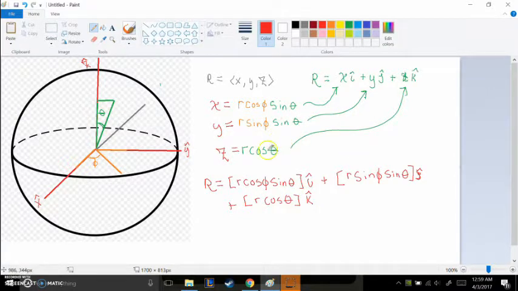We want the unit vectors from this information. What are those? R, how radially far you are, theta, we have phi. In order to get these, we're going to have to do dr by little r.